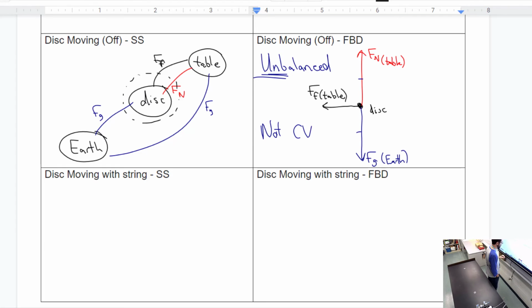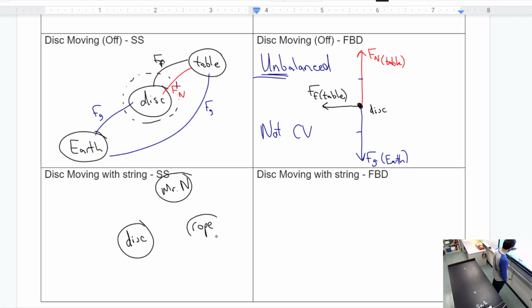The fourth scenario is when we have the string on it. So we need to add Mr. Neutzel back in here. So I got a disk, Mr. Neutzel, the rope I was using, the earth, and the table.